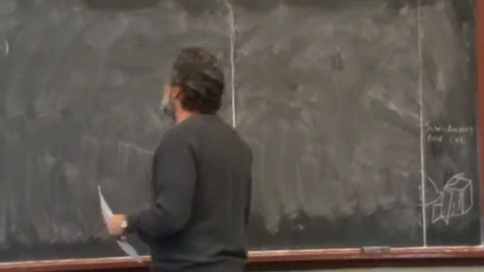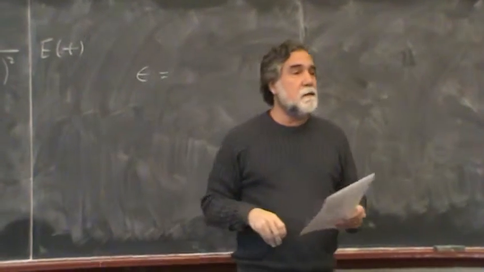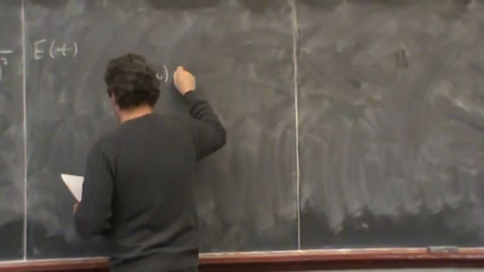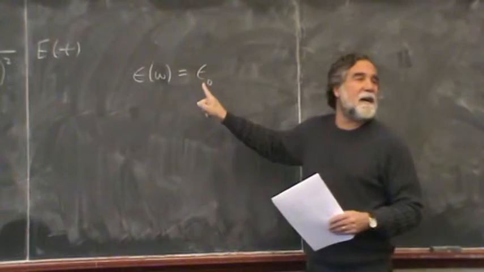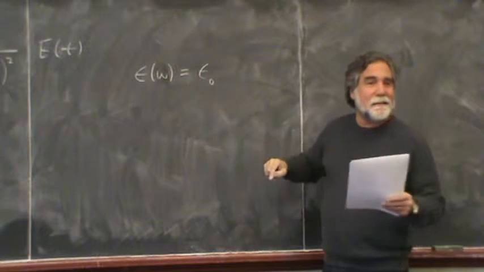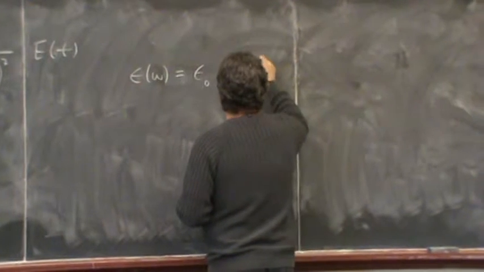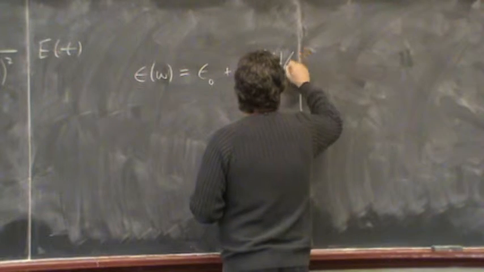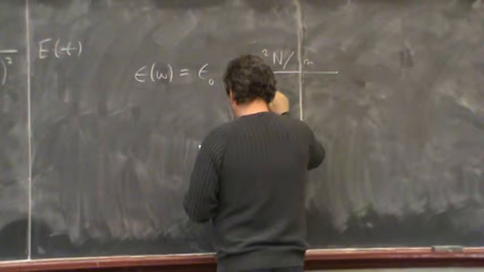So I can write that the dielectric constant of the material, which now depends upon driving frequency, is going to be, I'm going to put that in for vacuum just in case anybody wants to use it, plus Q squared, here's the important part.